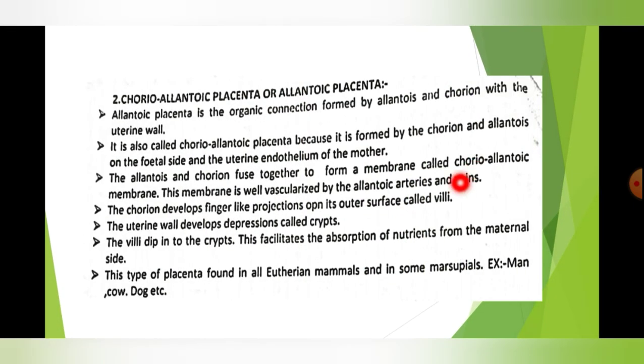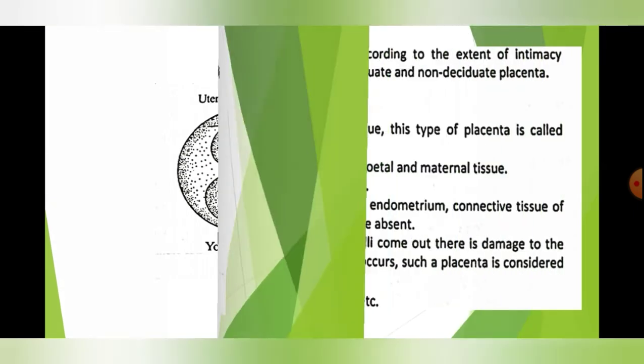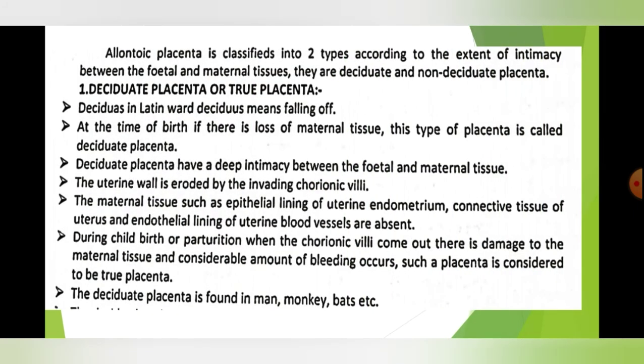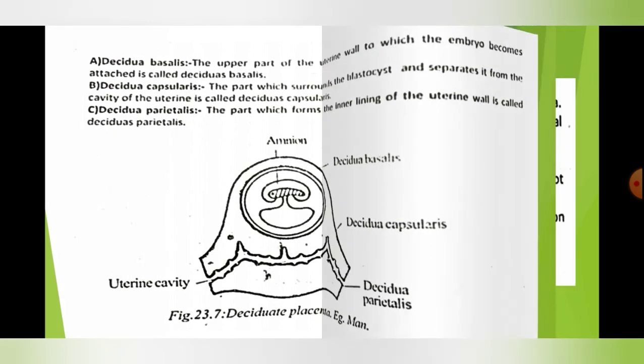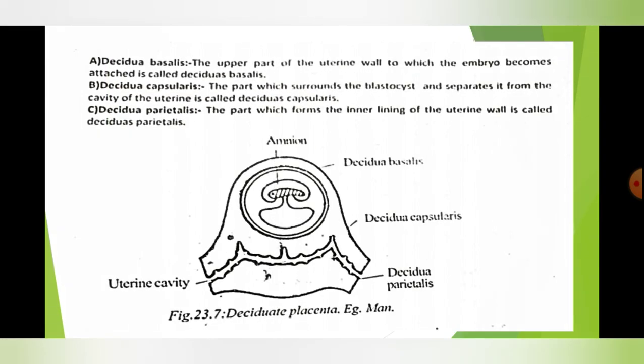And a chorioallantoic placenta or allantoic placenta, here 2 types of layers are involved: allantois and chorion. This is the structure. And allantoic placenta is again divided into 2 types: deciduate or through placenta, and the next type is non-deciduate or indeciduate placenta.